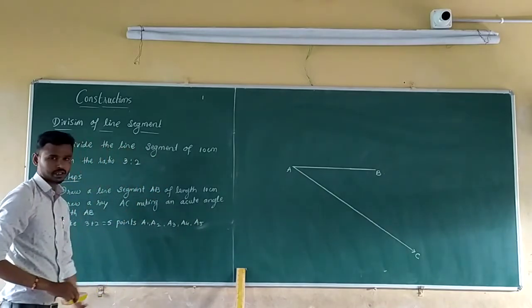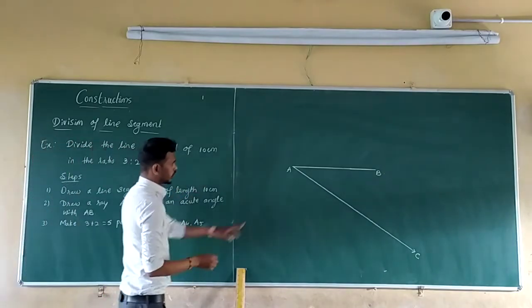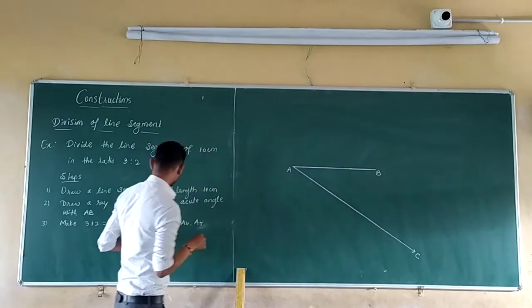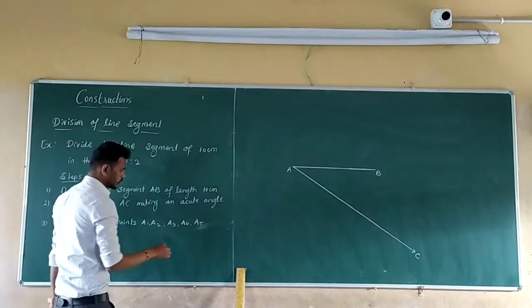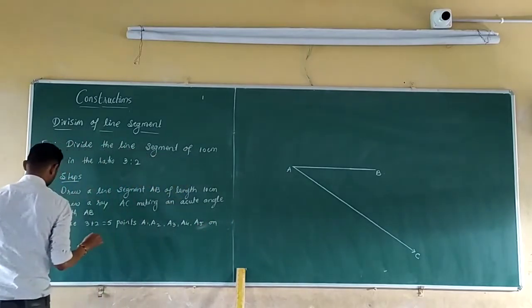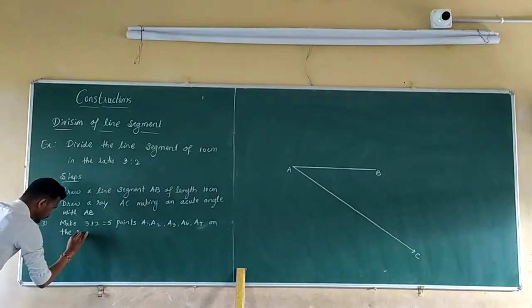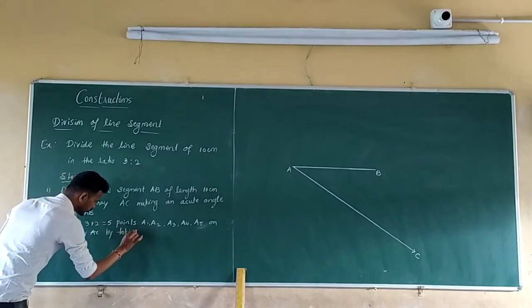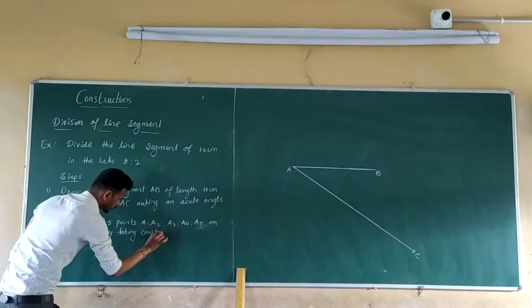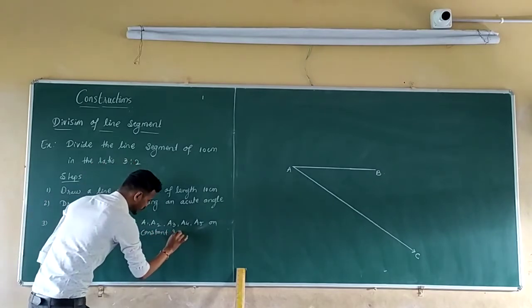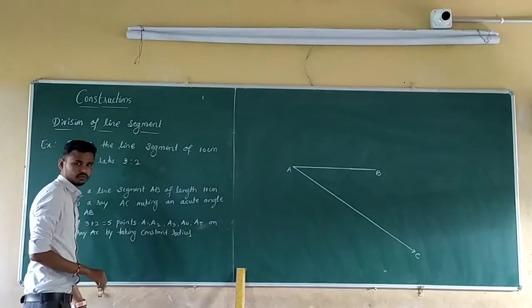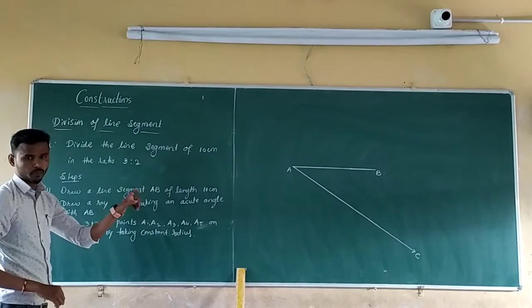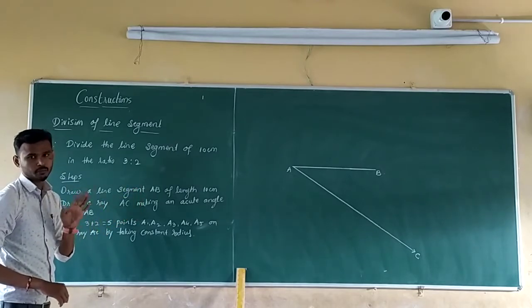So it's just a representation. Because we have taken A here, make the points on the ray AC, those are A1, A2, A3, A4, A5, by taking constant radius. Constant radius means for making all those points the radius should be the same only.